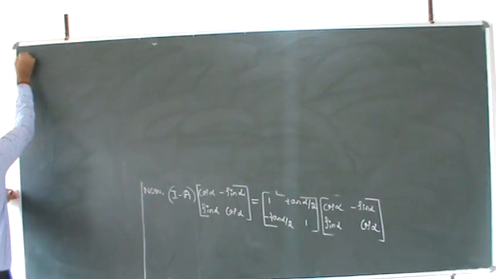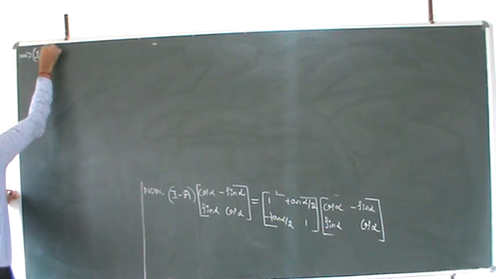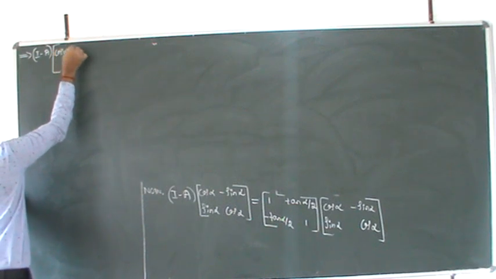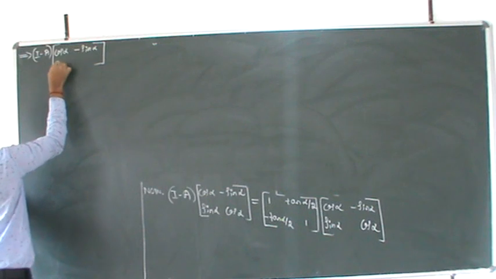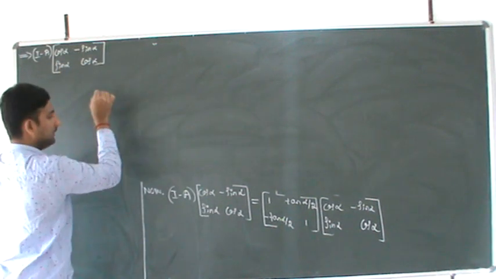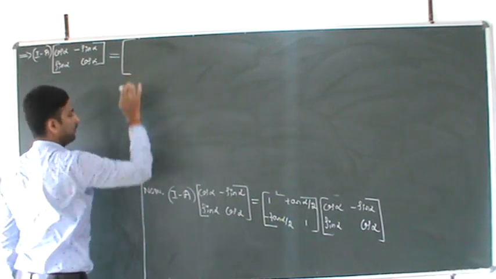Which implies I minus A into [cos alpha, minus sin alpha; sin alpha, cos alpha], which is equal to, you should multiply the values.